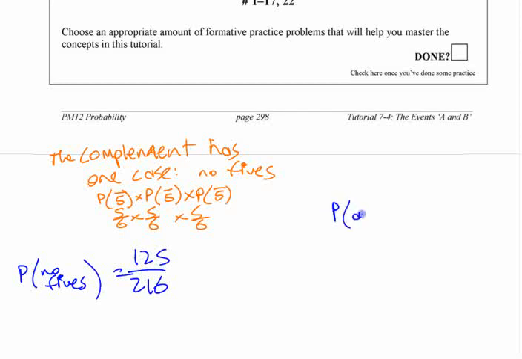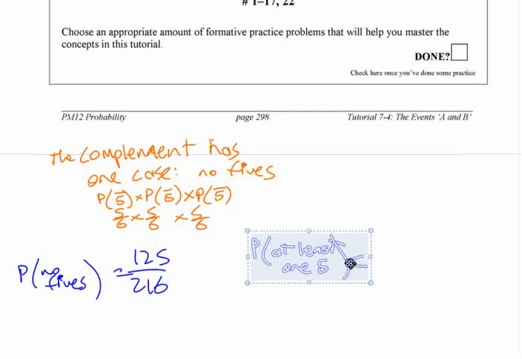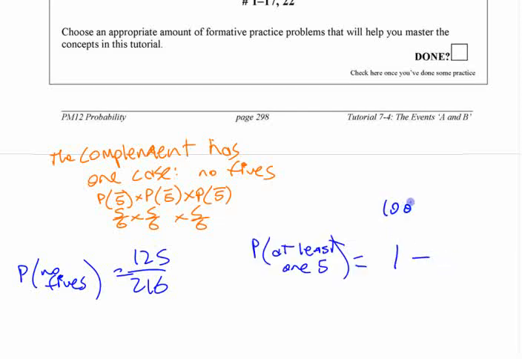The chance of at least one 5, you can find that by subtracting that from the total. You can say that this is 1 minus, or 100% minus, 125 out of 216.